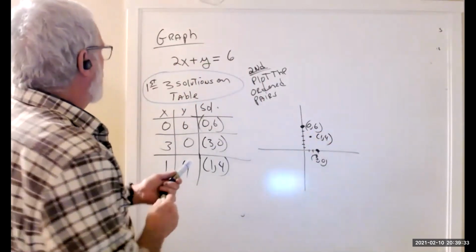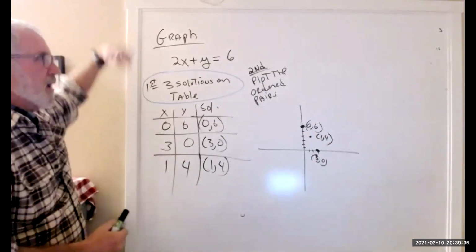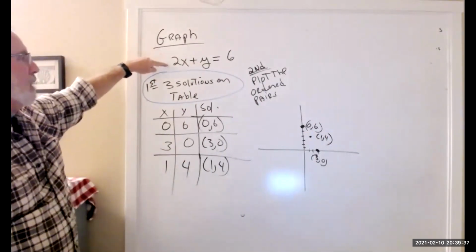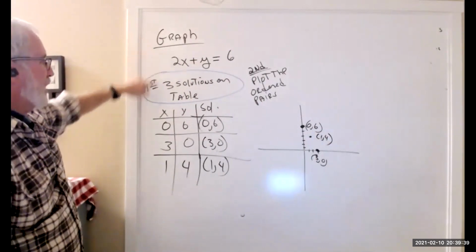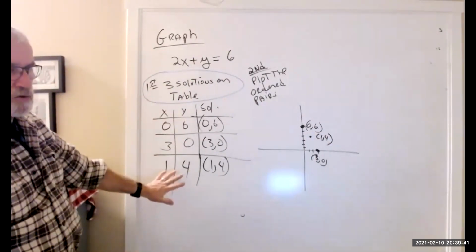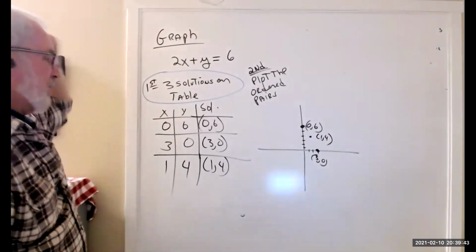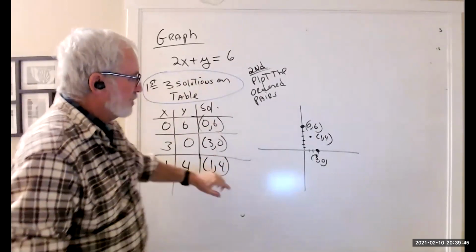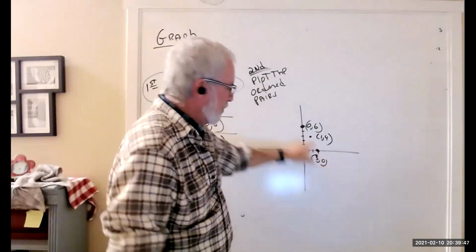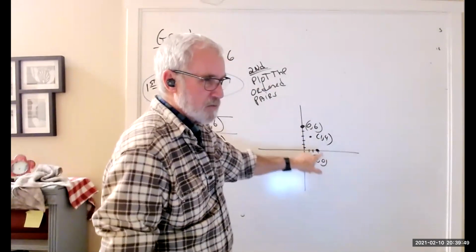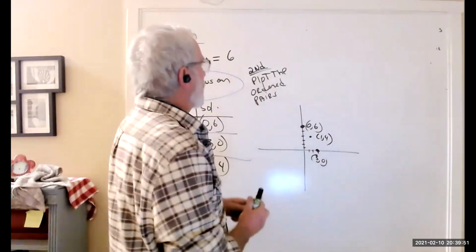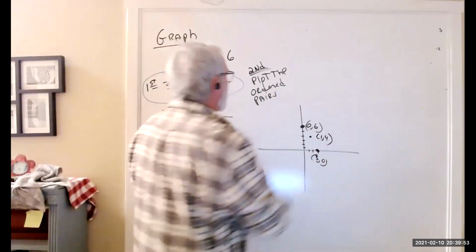Okay. So again, let's go back. I want to graph this. First thing I do is find my 3 solutions. Second thing I do is once I have my 3 solutions, I plot their ordered pairs on an XY axis. Now, we need to talk some theory for a second.